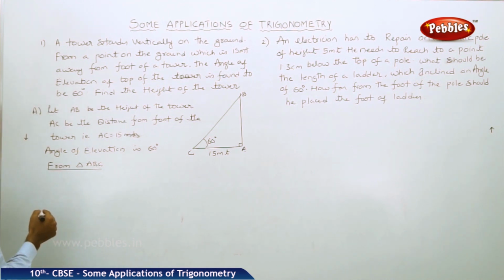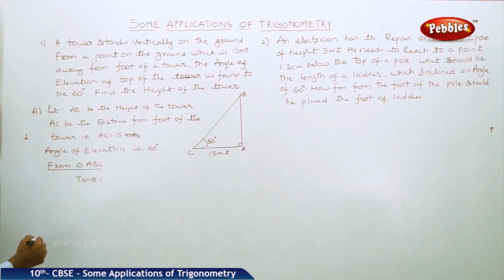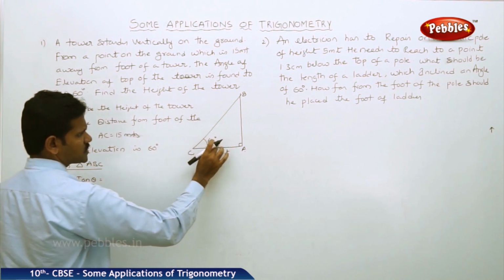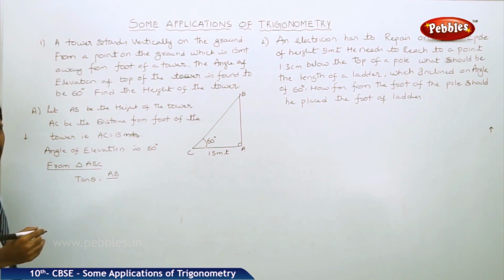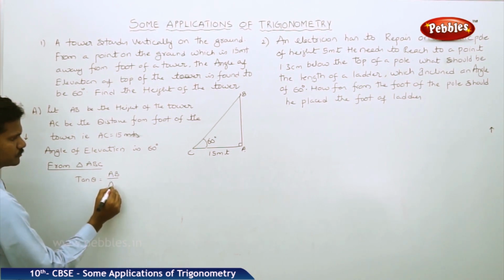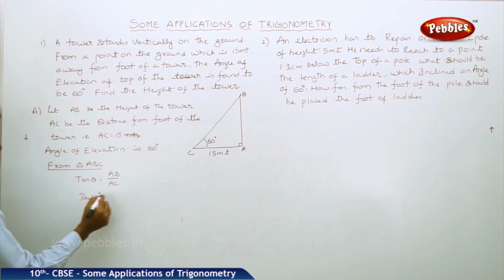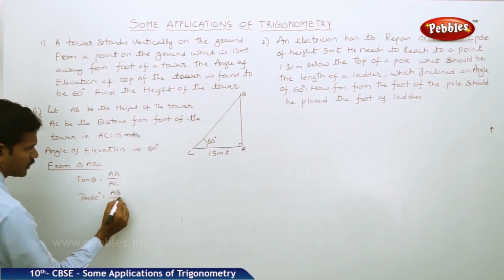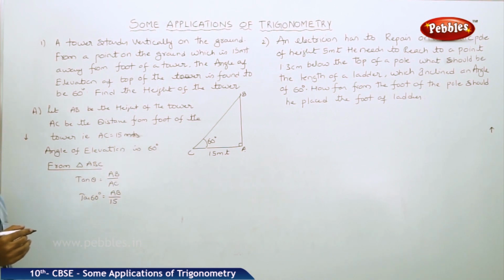From triangle ABC, tan theta is equal to opposite side by adjacent side. Now the opposite side to 60 degrees is AB and the adjacent side is AC. That is, tan 60 degrees is equal to AB, the height of the tower which we have to find, by AC equal to 15 meters.